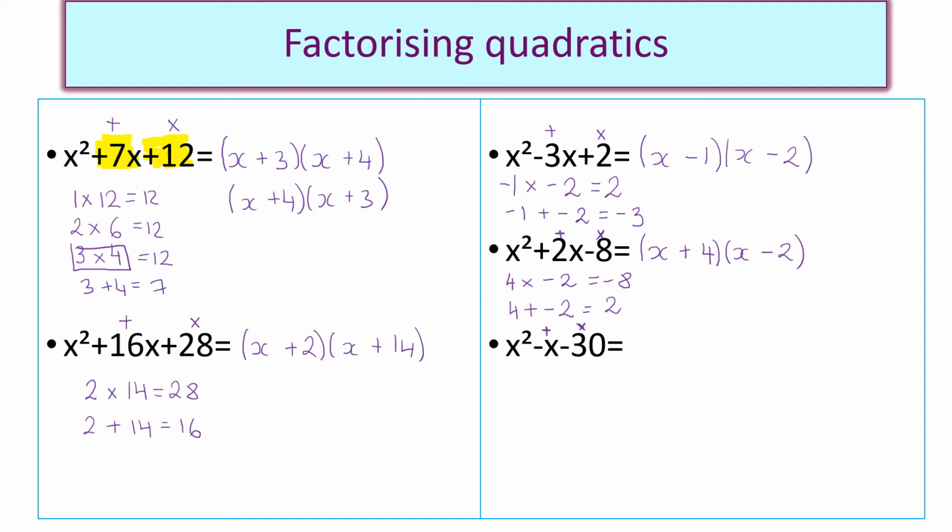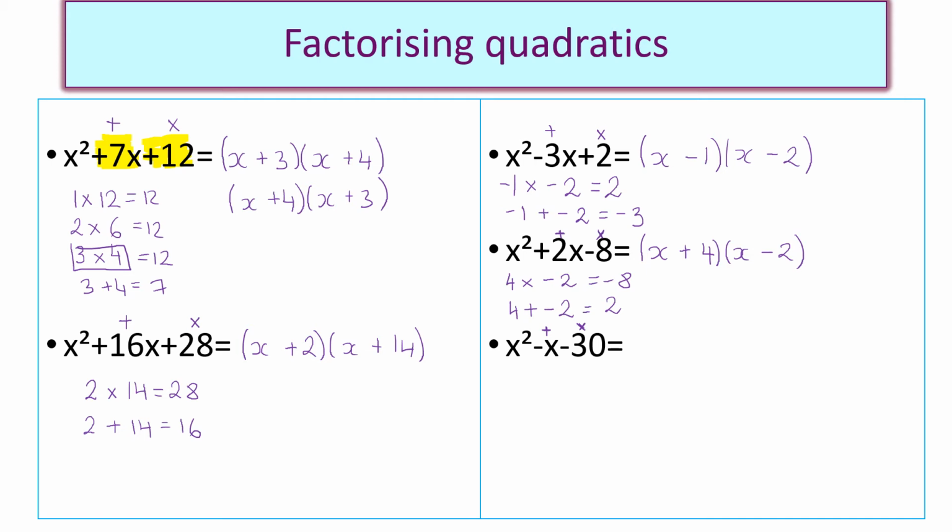So the answer to multiplication is negative. That means one number must be positive and one number must be negative. The answer to addition is negative, which means that the bigger number will be negative. The numbers that I need here are 5 and 6, but now I need to decide which one will be positive and which one will be negative.